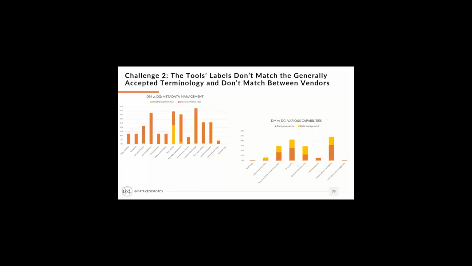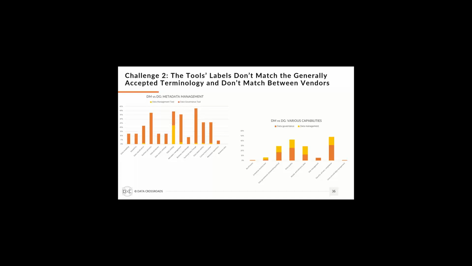The second challenge is the following. The tools' labels don't match the generally accepted terminology and don't match between vendors. This slide demonstrates the functionalities included in data management and data governance tools. This slide demonstrates one of the most significant challenges in the data management community.